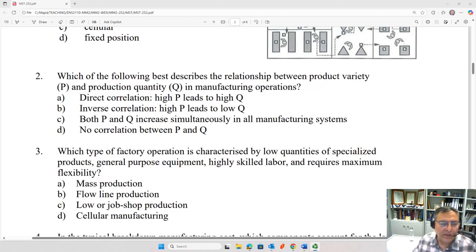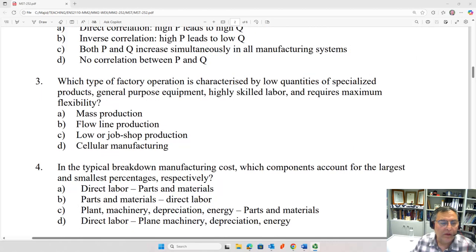So these are representation of low or job shop production when the volume of production is low, sometimes 1, sometimes less than 10. So generally the volume of production is low, flexibility is high, skill level is high.